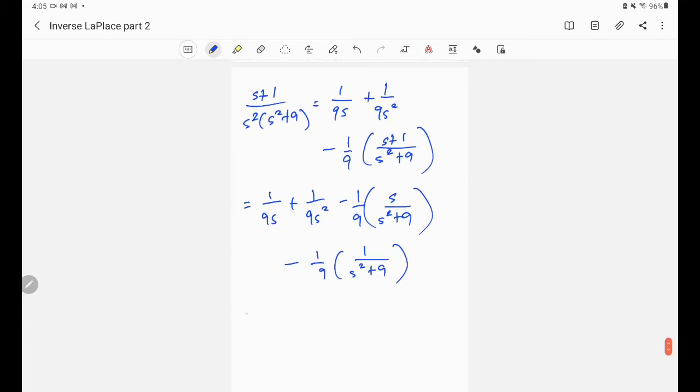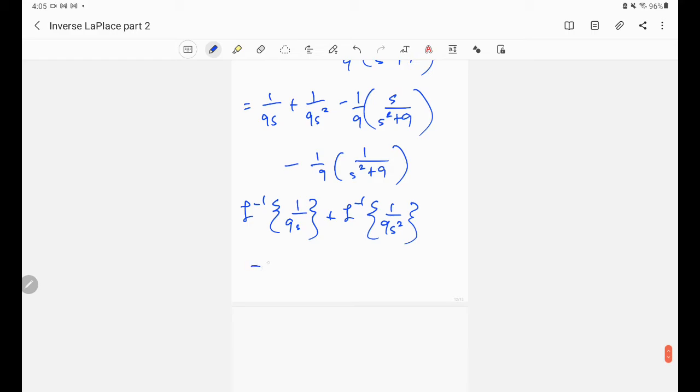So you can apply the inverse Laplace directly to each term. Negative 1 over 9 times the inverse Laplace of s over (s squared plus 9), and the inverse Laplace of 1 over (s squared plus 9).